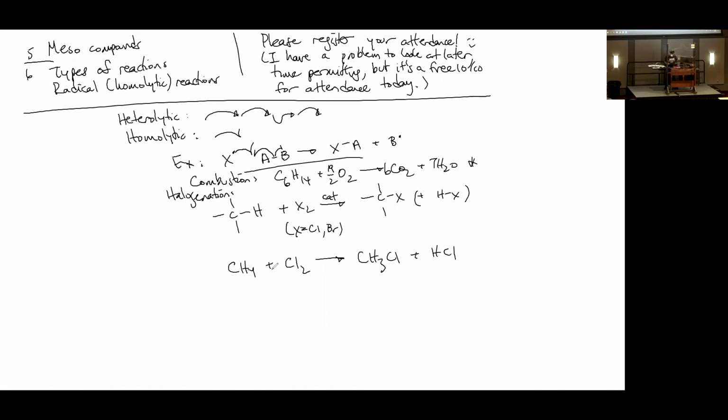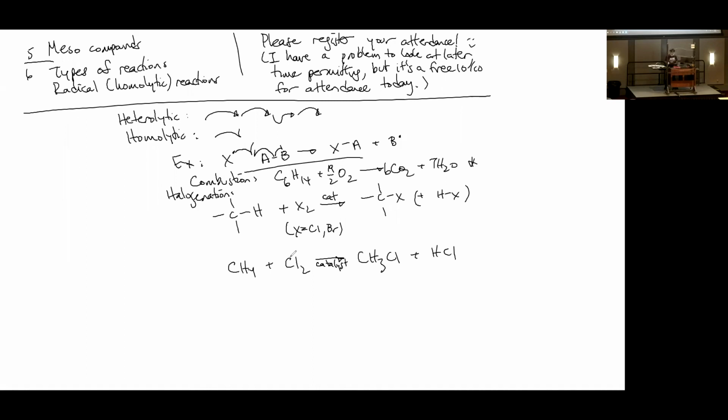We'll eventually get there. The only other thing I want to mention is in order, and we'll say catalyst for now, or you can also initiate it with heat or with light. The other thing I'd like for you to notice is that we have another problem in that the chloromethane can in turn react with chlorine and give you dichloromethane, which can in turn react with chlorine and give you chloroform, CHCl3, and so on.